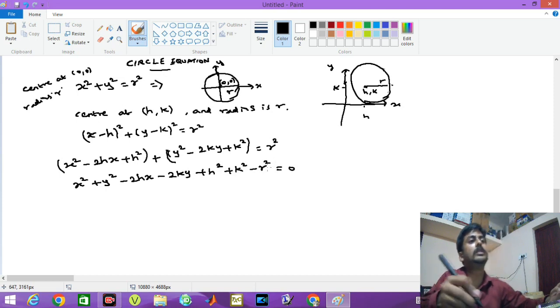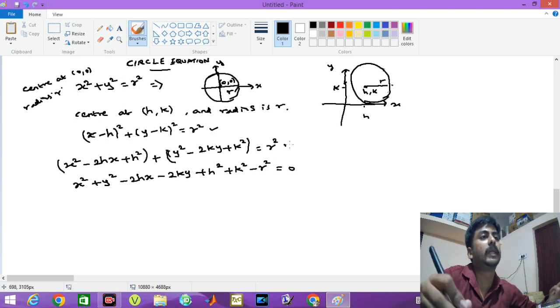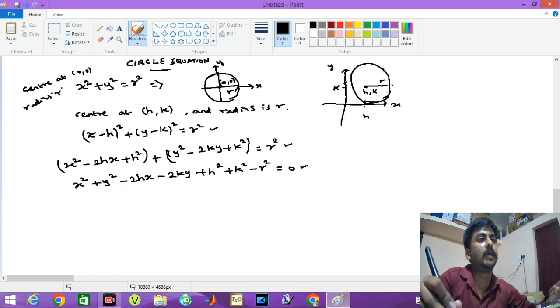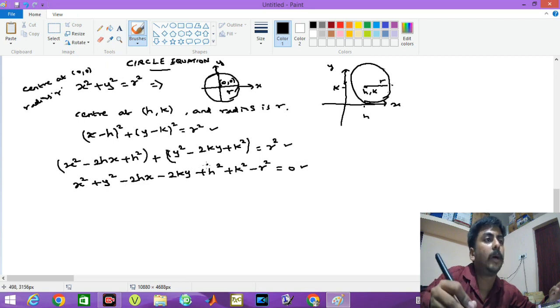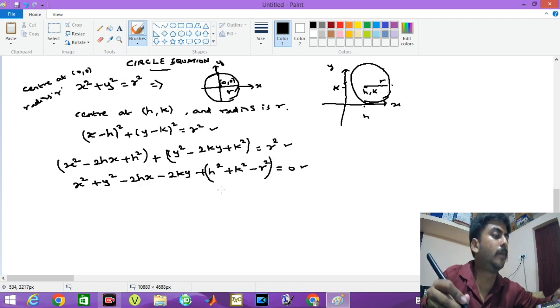So this is also an equation of circle, but I am going to simplify it further by giving the constant term the name C.